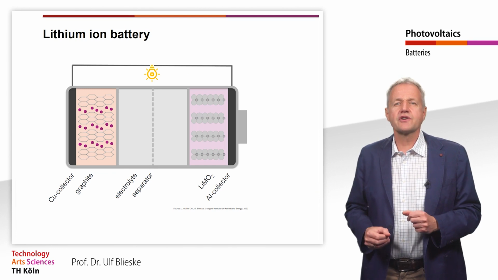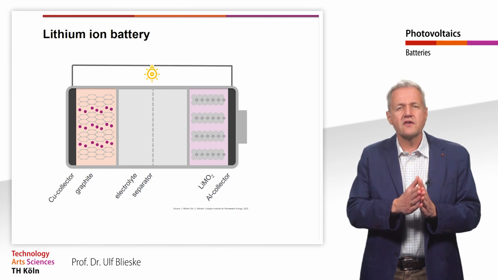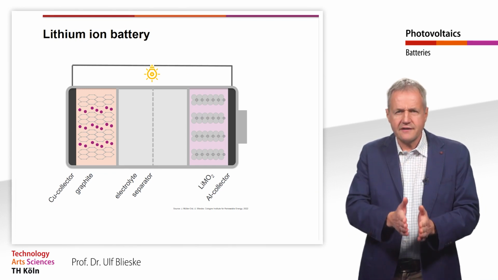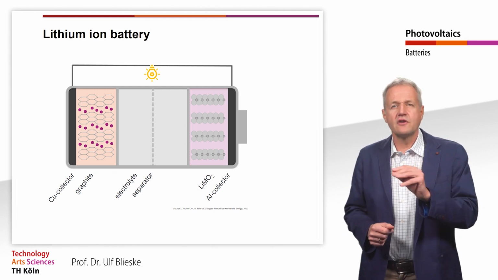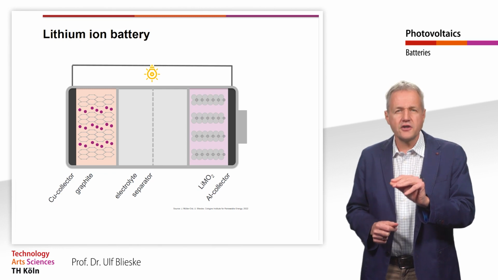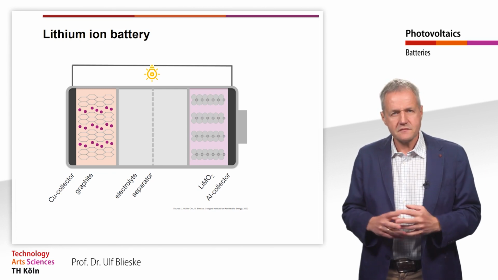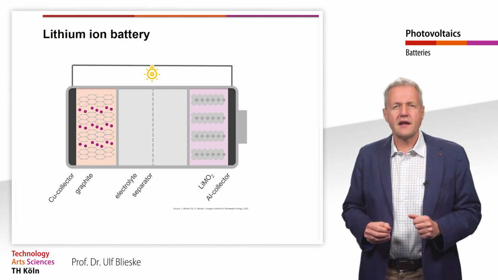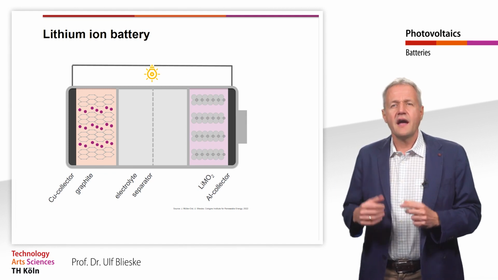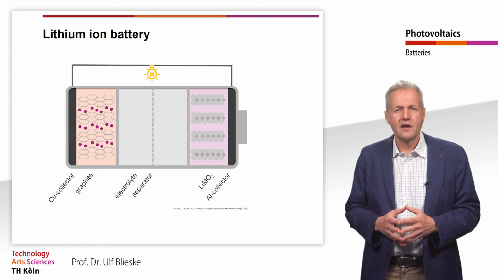To ensure electrical separation of the electrodes, a separator is installed in the electrolyte that is permeable to lithium ions but not to electrons. The negative electrode of the lithium-ion cell consists of a copper foil and a layer of carbon.